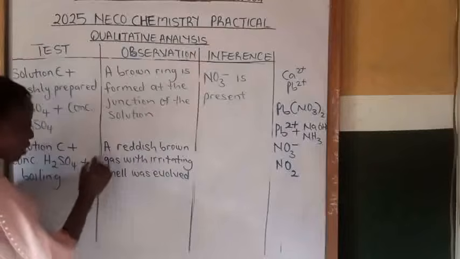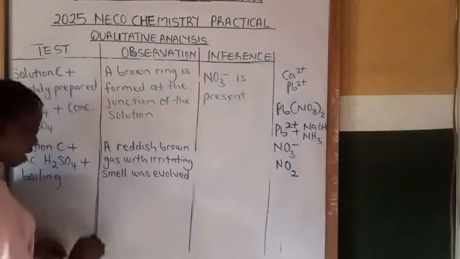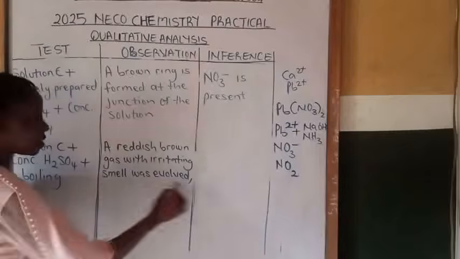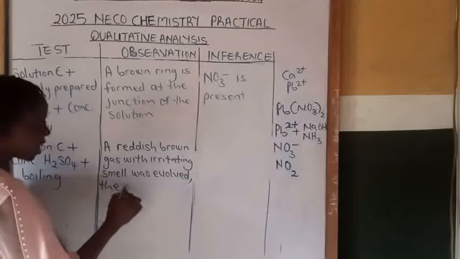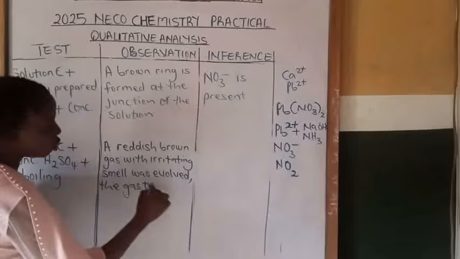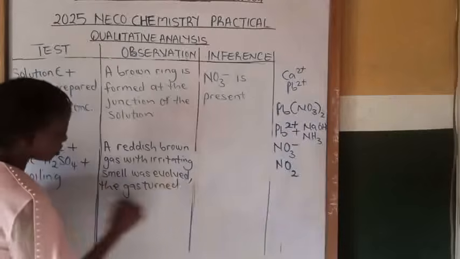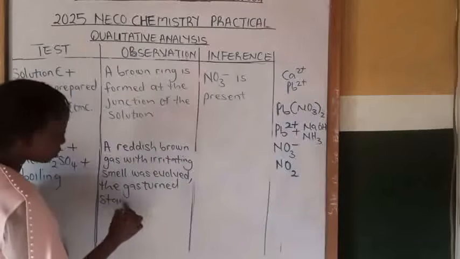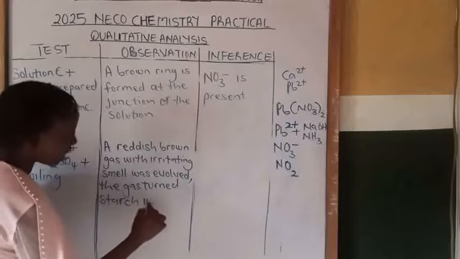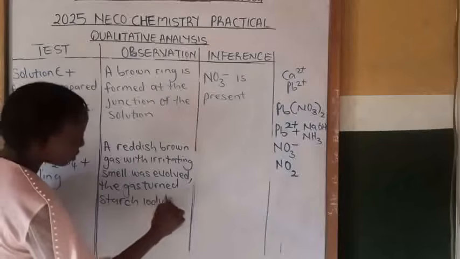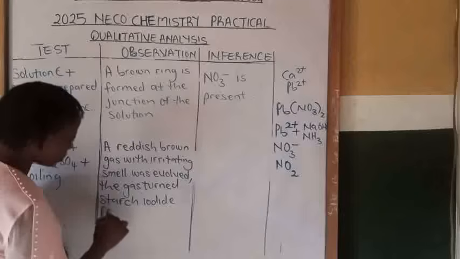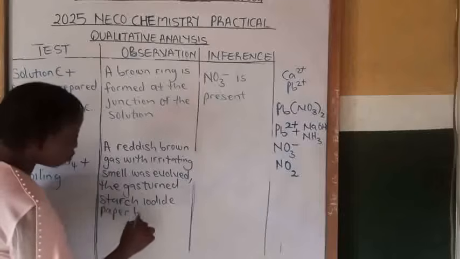Then we are going to confirm the presence of NO2 gas. So the gas turned starch iodide paper blue-black.